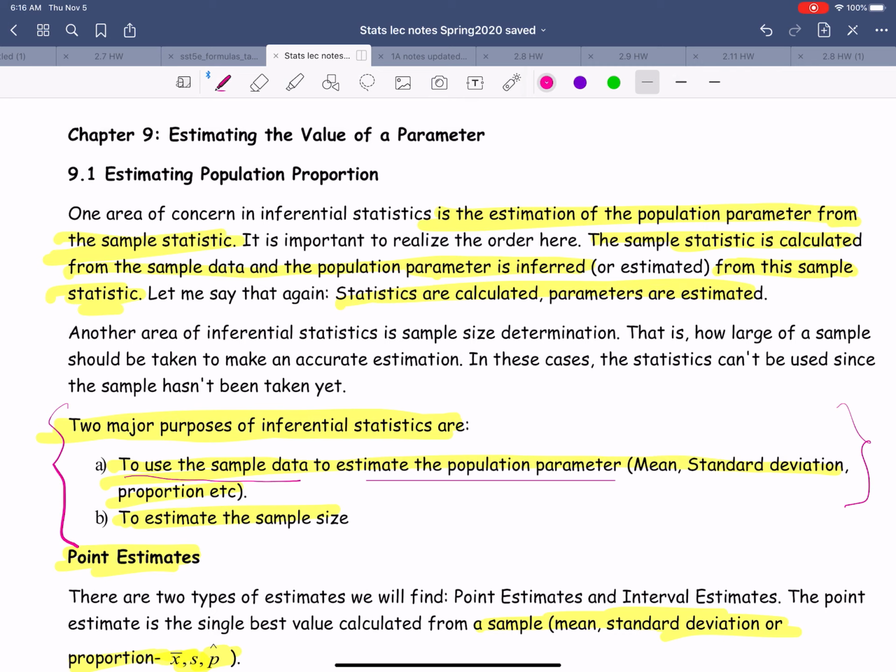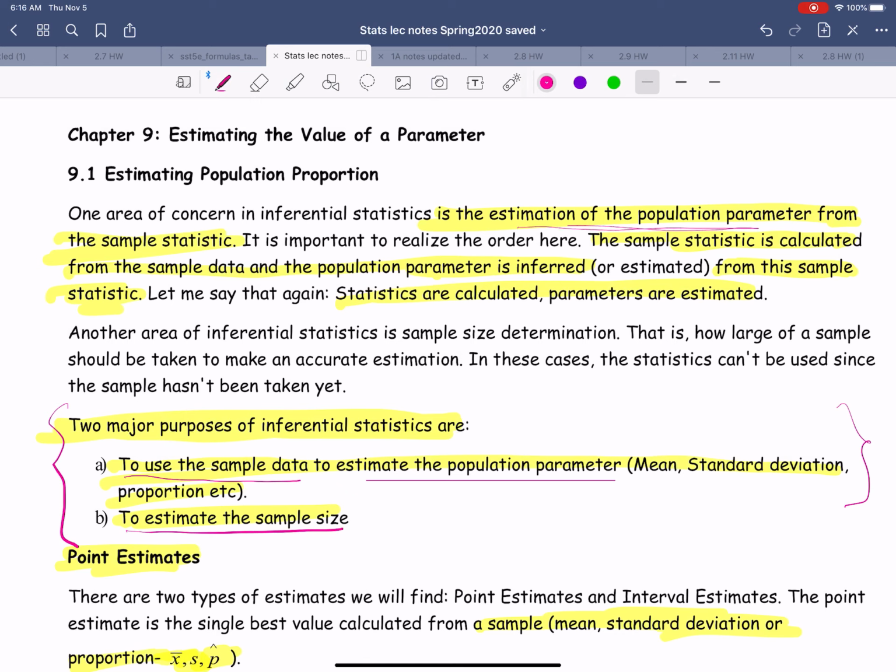The second major purpose of inferential statistics is to estimate the sample size. If you know how much error you are okay with, then how large a sample you want to collect to be confident about the results you are sharing or providing.